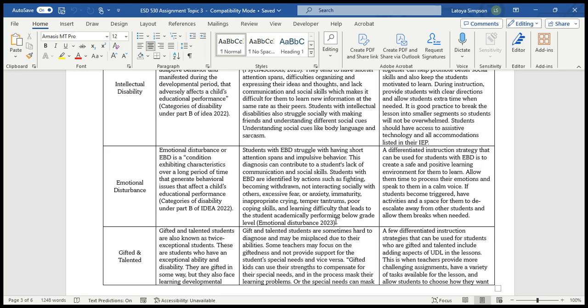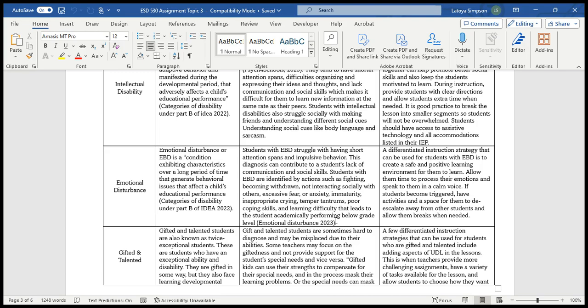This diagnosis can contribute to a student's lack of communication and social skills. Students with EBD are identified by actions such as fighting, becoming withdrawn, not interacting socially with others, excessive fear, anxiety, temper tantrums, inappropriate crying, poor coping skills, and learning difficulties that lead to the students academically performing below grade level.